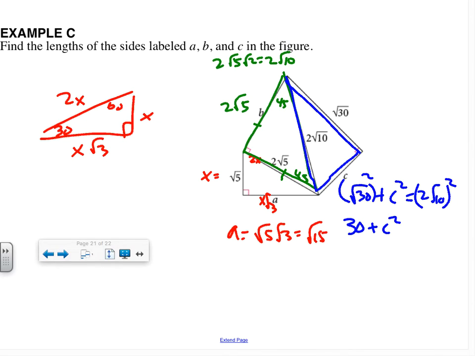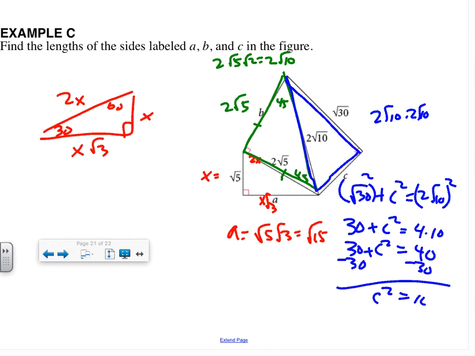When you square this, you've got 2 root 10 times 2 root 10, which is 4 times 10. So you're going to have 30 plus c squared equals 40. Subtract the 30. c squared is 10. So what's c? The square root of 10. And those would be your answers to that problem.